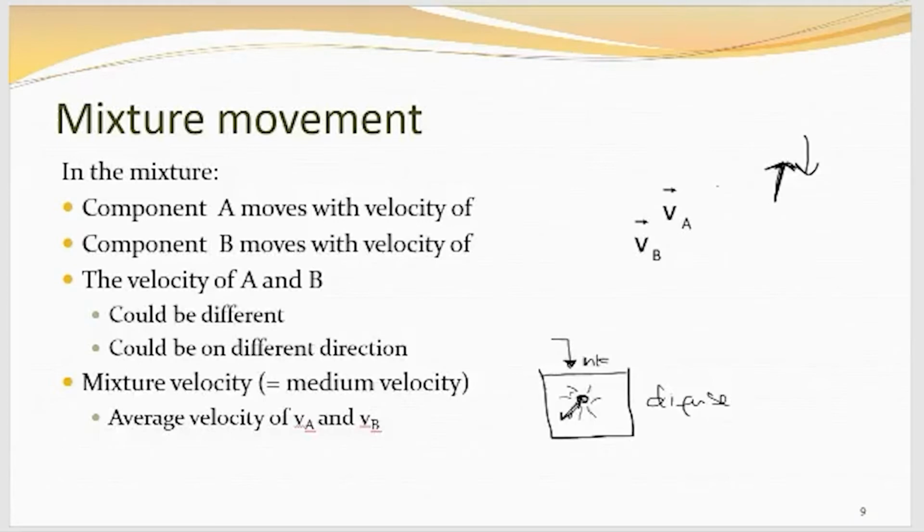In this case, the A velocity and the B velocity are in different directions. So because they are in different directions, what you see with your eyes is that all the fluid inside this glass is stationary. It's not moving. It's just there.